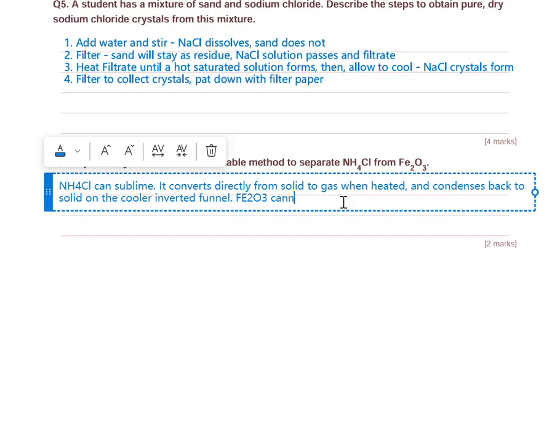Fe2O3 cannot sublime and remains in the evaporation dish.